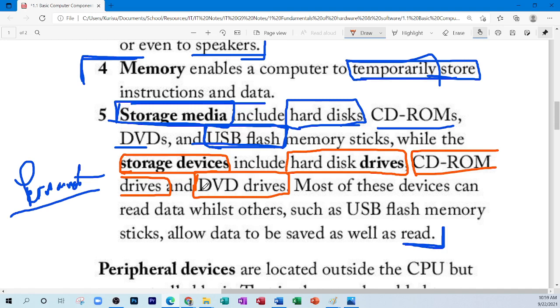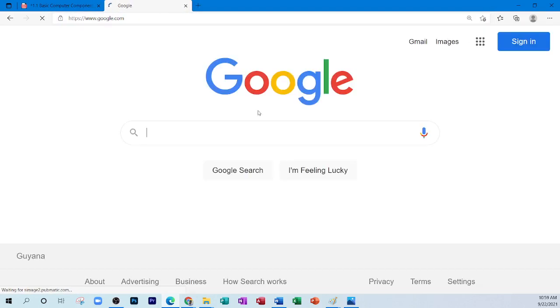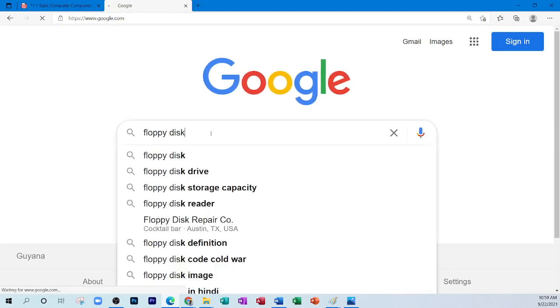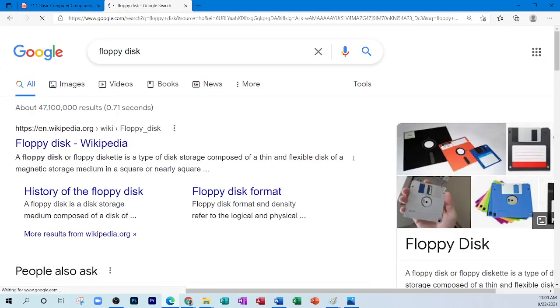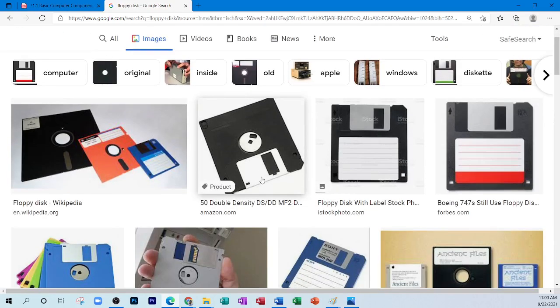Any of you ever heard about a floppy disk? Yes, sir. Right? So for those who haven't, this is what a floppy disk looks like.